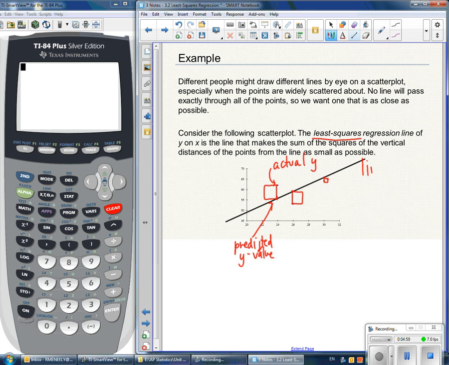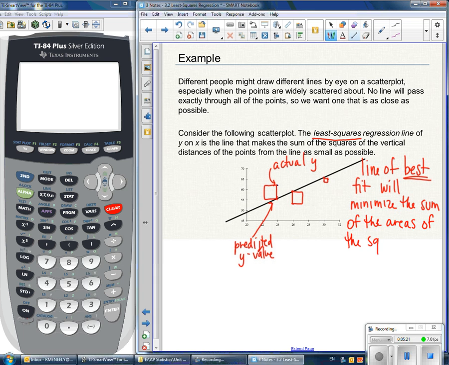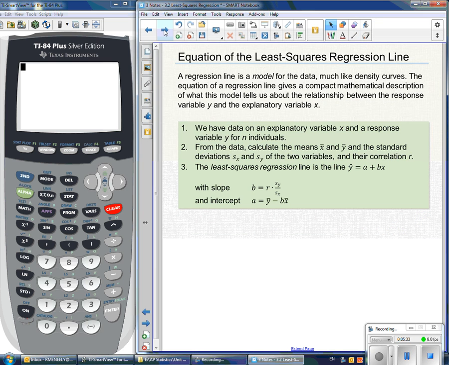So the line of best fit, the best fitting line, will minimize the sum of the areas of those squares. Okay, so the actual line of best fit is going to make the area of those squares the smallest. And that's what we're going to do today. I'll show you how it's done.